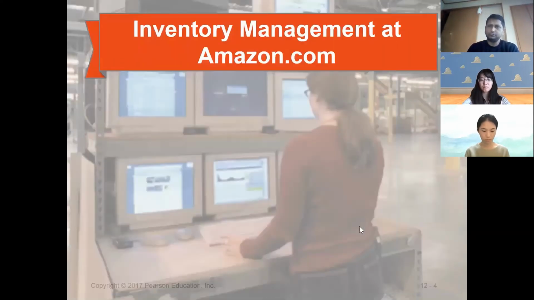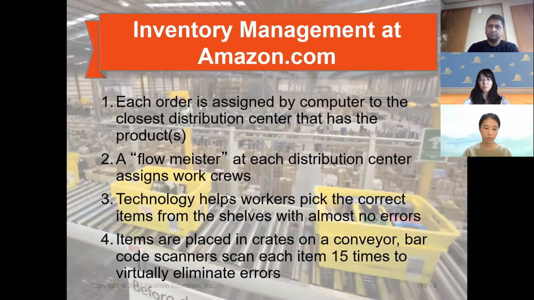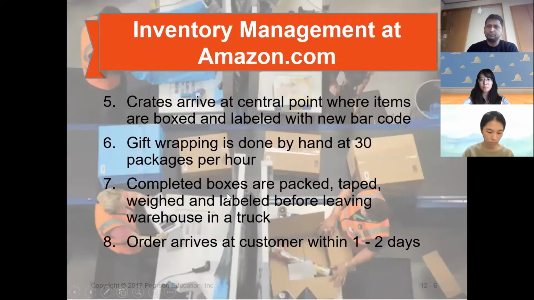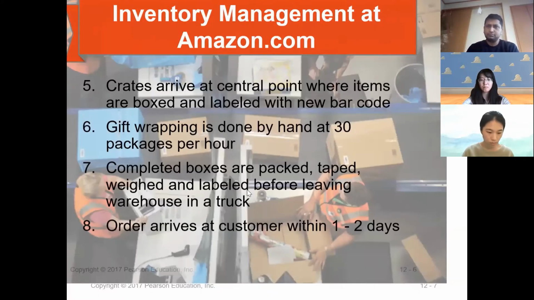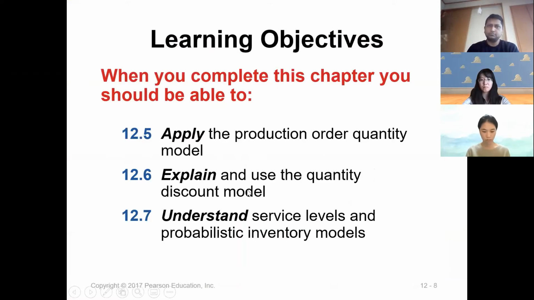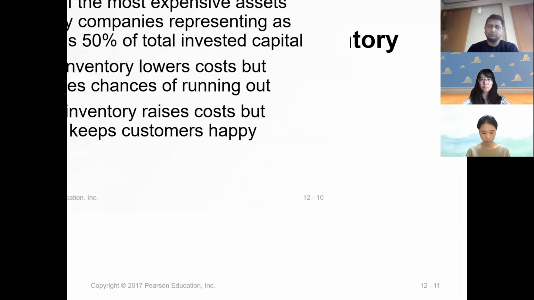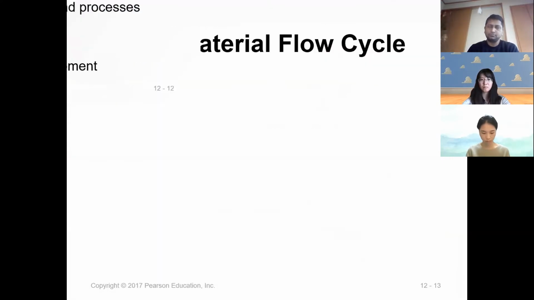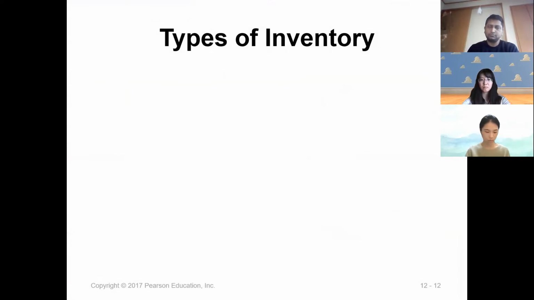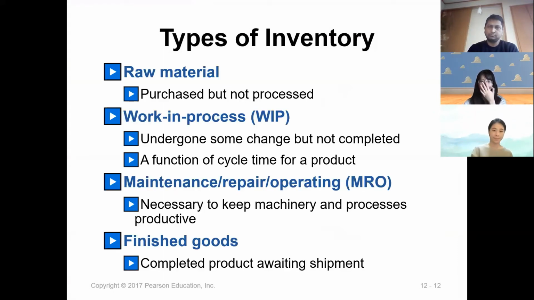Right. So I think I've already introduced to you inventory management, inventory control. I'll show you this. There are 4 types of inventory, right? You can see the slides, right?